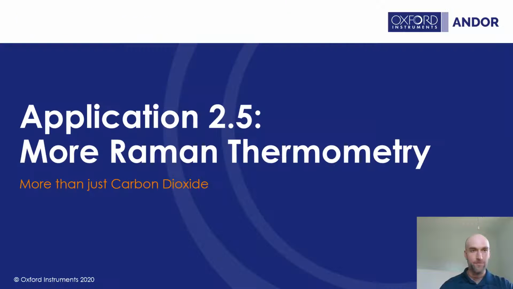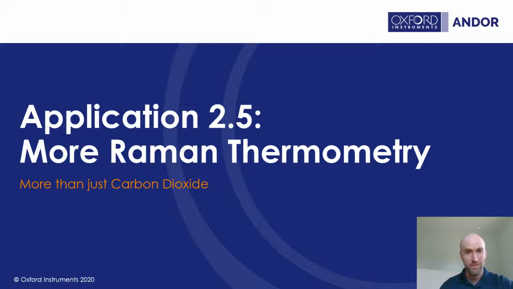So I should have mentioned that that's not the only way of doing Raman thermometry. There are many ways, or at least several more ways, of which I'm going to cover one more. But what if you were to say, well, that's all well and good if you're studying carbon dioxide. Carbon dioxide is not necessarily the thing that everyone is jumping to work with. I mean, it's everywhere at a few parts per thousand or whatever it is.